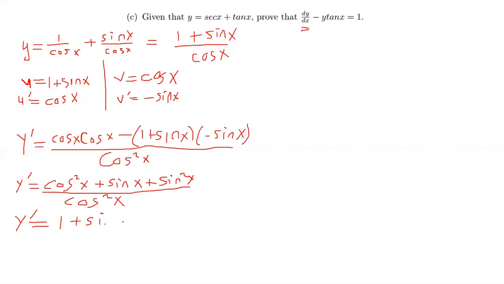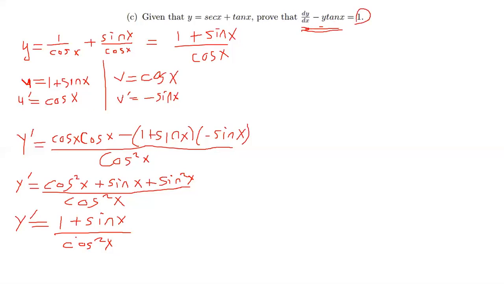This is what we're going to remain with on top, and then down here we'll have cos squared x. So here we have found our y prime. Now we are proving this identity.